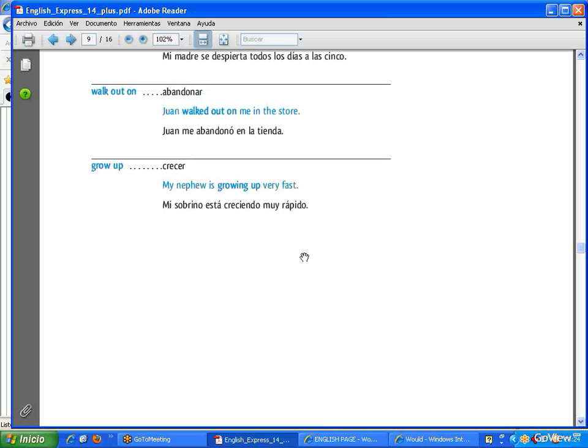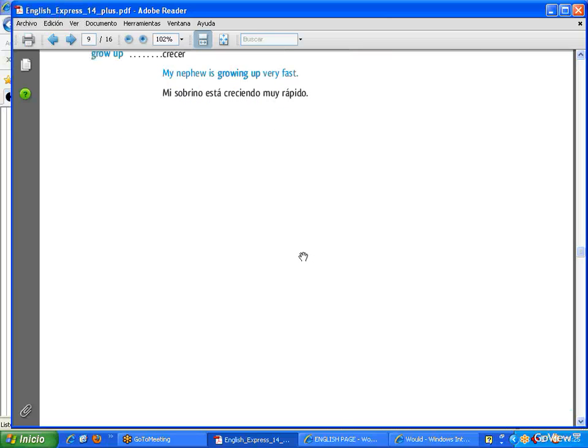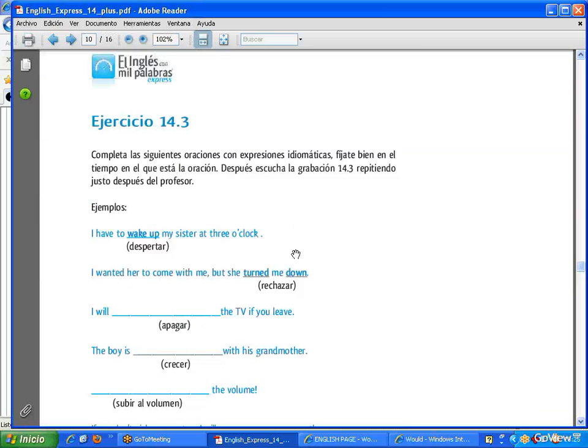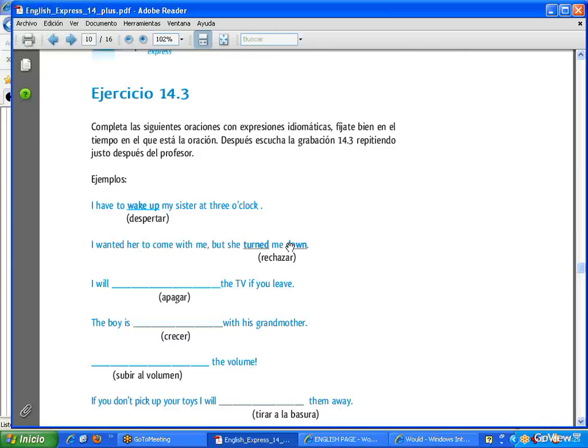So we're going to do an exercise with these, as always. So I have to wake up my sister at 3 o'clock. Now we can dividir, we can split this phrasal verb. So we can say I have to wake my sister up at 3 o'clock. También. I have to wake up my sister, or I have to wake my sister up.